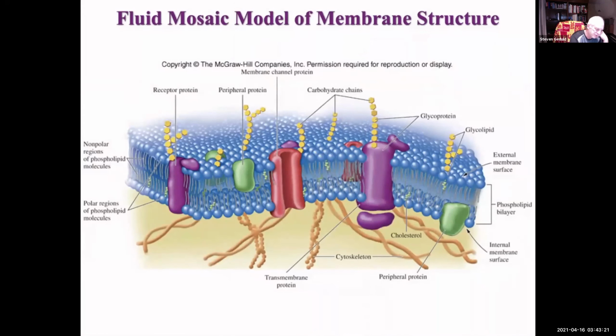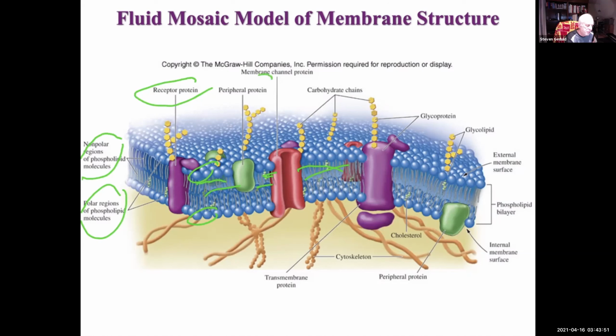And this is what it looks like. This is a really good picture of it, because here's your polar heads, and all this stuff inside here. These are your non-polar or hydrophobic regions. And we have different proteins on this. So if you look at this close up, this is the non-polar region, and this is the polar region of our membrane. These are receptor proteins. They bind to areas which determine whether endocytosis is going to occur to absorb cholesterol or something else in there.